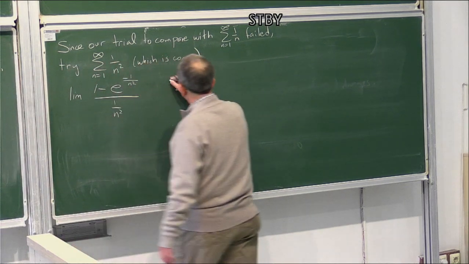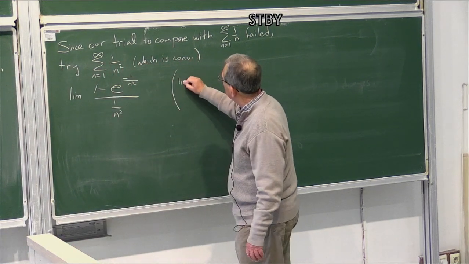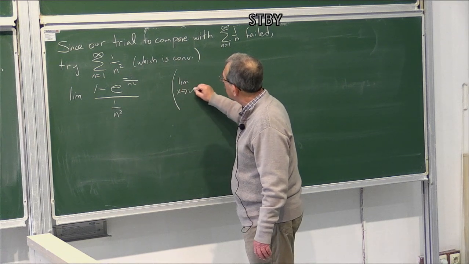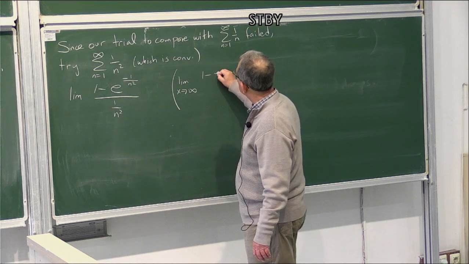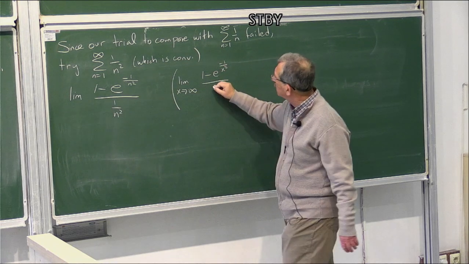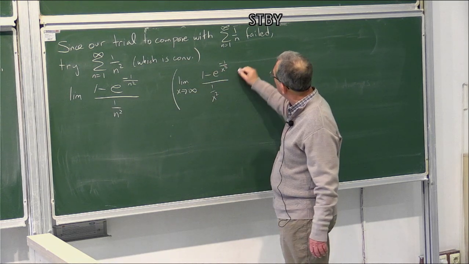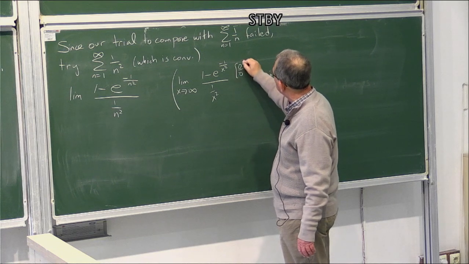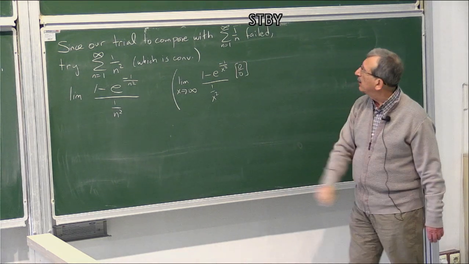Now, as in the previous case, the limit x going to infinity of 1 minus e to the minus 1 over x squared divided by 1 over x squared is still of the form 0 over 0. Okay.